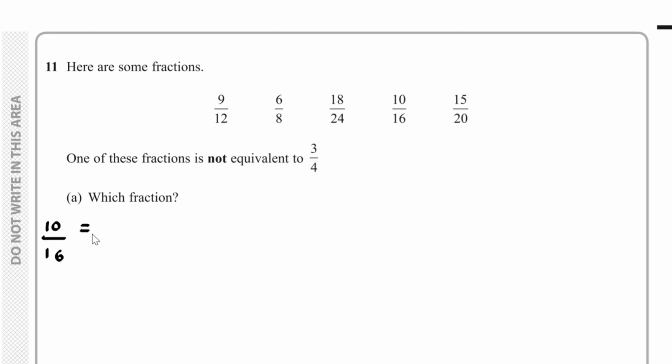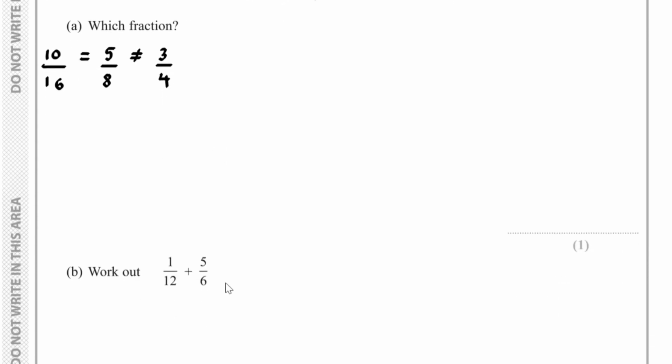Because if I divide the top and bottom by 2, I get 5/8. I cannot simplify 5/8 any further. 5/8 does not equal 3/4. So the fraction which doesn't equal 3/4 is 10/16.